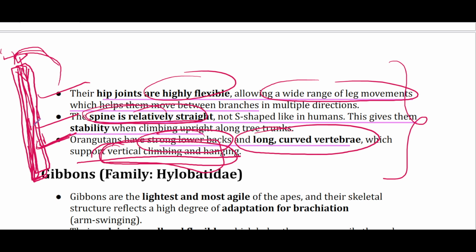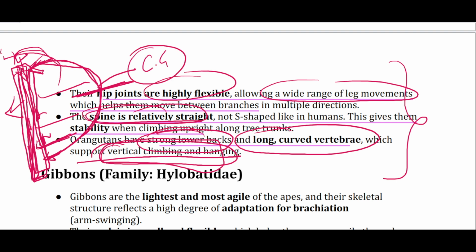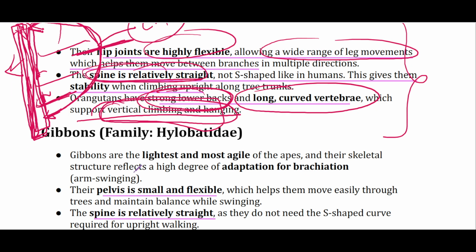So here, you can see the weight distribution this way: these are hands which are clinging on to these tree branches, whereas their feet are performing the act of climbing. So here you can see the weight distribution. Half of the weight will be distributed on this tree branch. For the other half, the center of gravity will be on the lower back. So that's why they have strong lower backs.